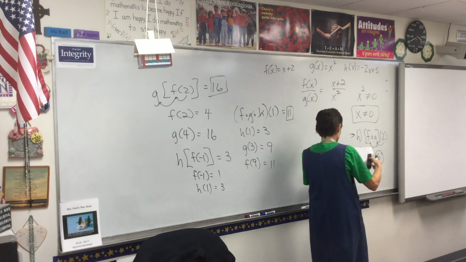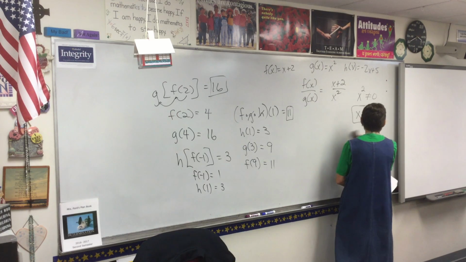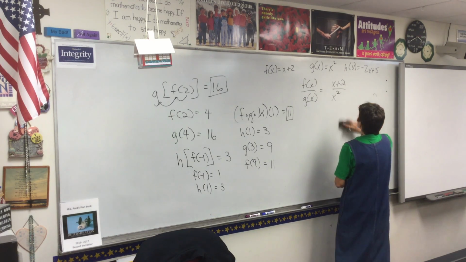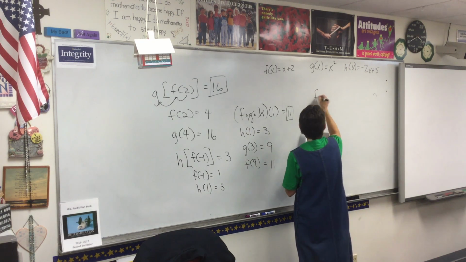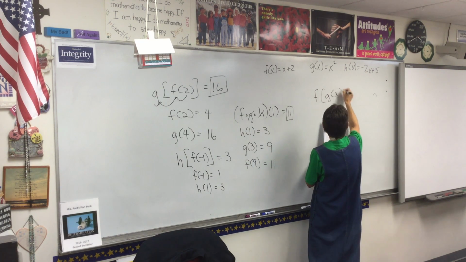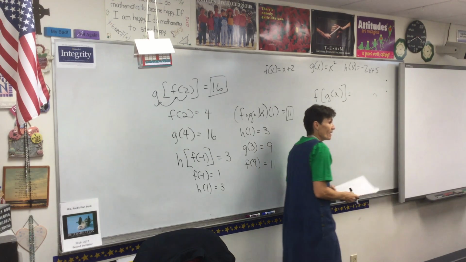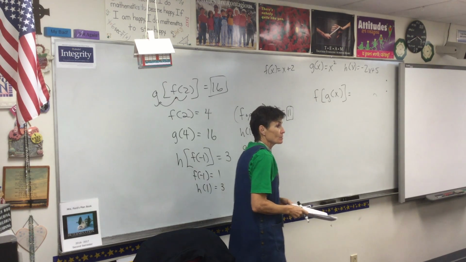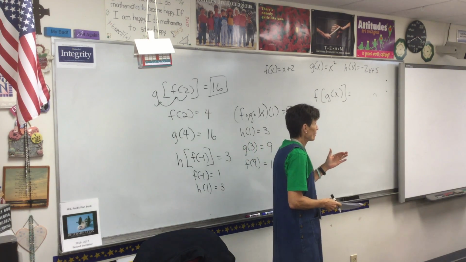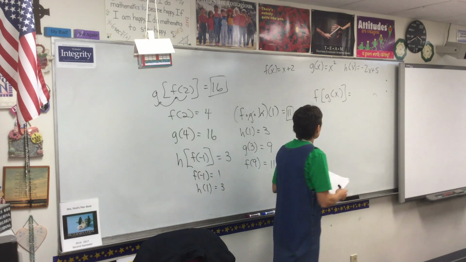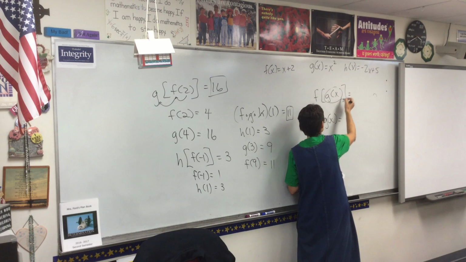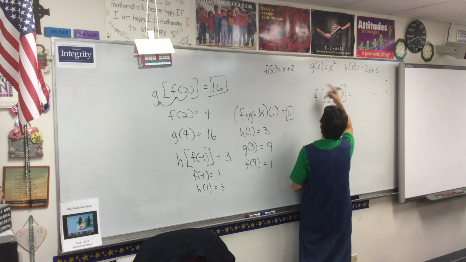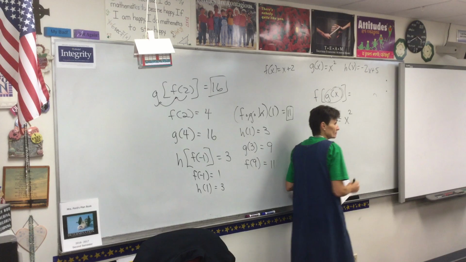All right, let's see what's next. Oh my, what does this mean? Any thought on this? What in the world do I do with that? So, where do I start? With the g, right? So it says g of x. I start with g of x. This is g of x, which is x squared.